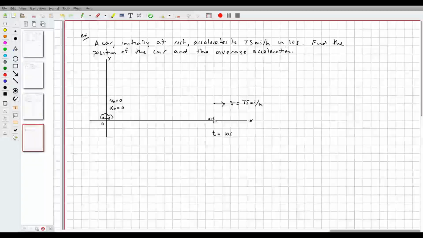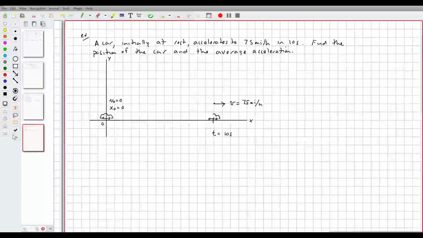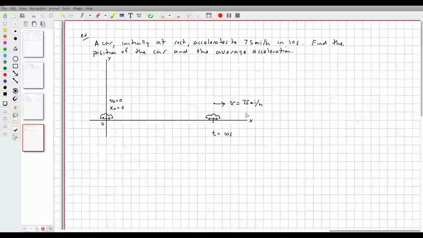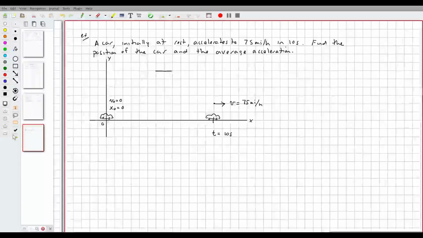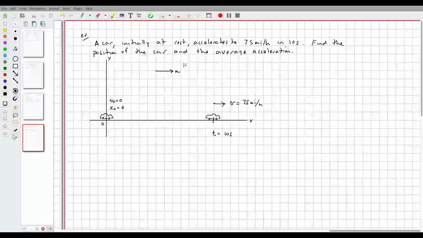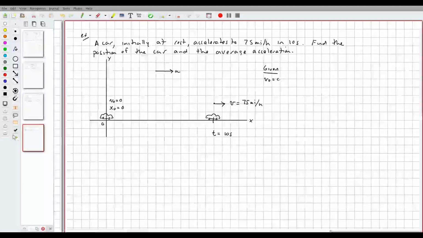So here's my car right here. Now, the next question I should ask is, how would I have to push this car in order to make it do this? Well, the acceleration I would expect to be in this direction. This is the direction I would have to push it in order to make it do what it's going to do. So here's what I've been given. From what I've read here, I have an initial velocity of 0.